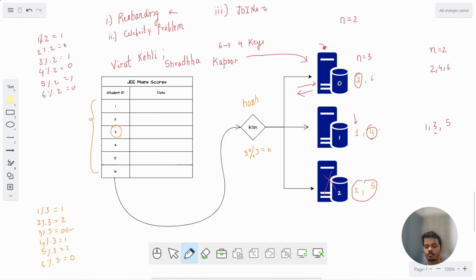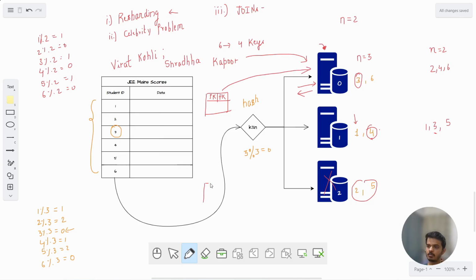There would be various problems, like referential integrity constraints. Let's say there is a table with some foreign key. You have a primary key and you have a foreign key here, and this particular table is present on this server.